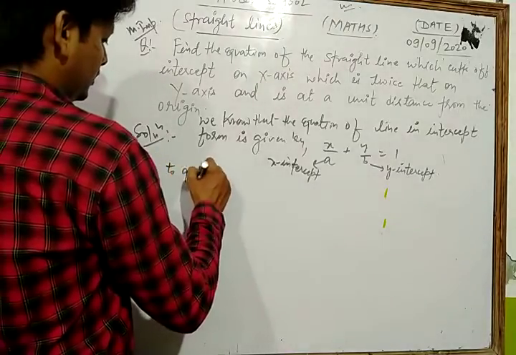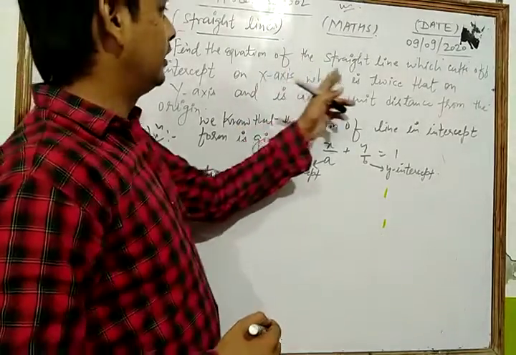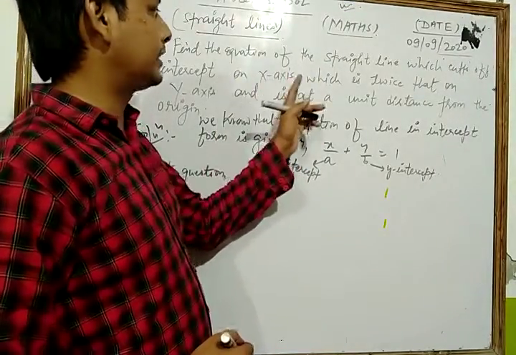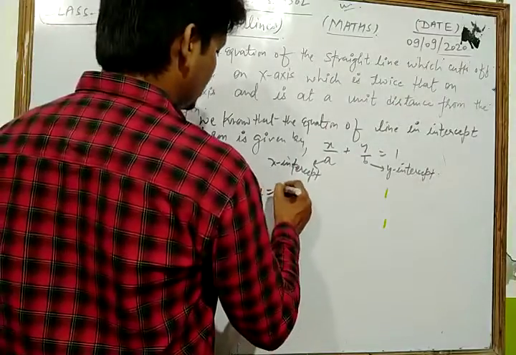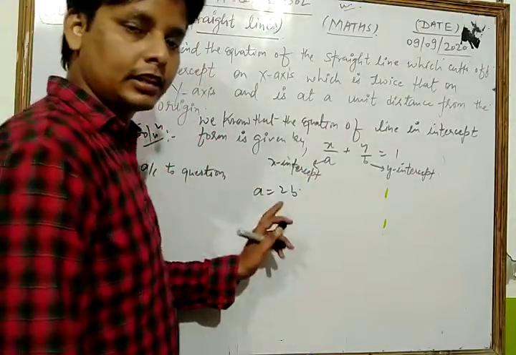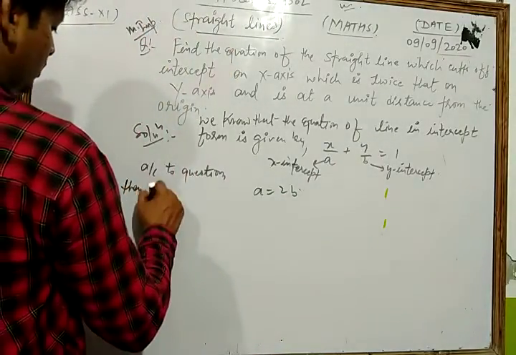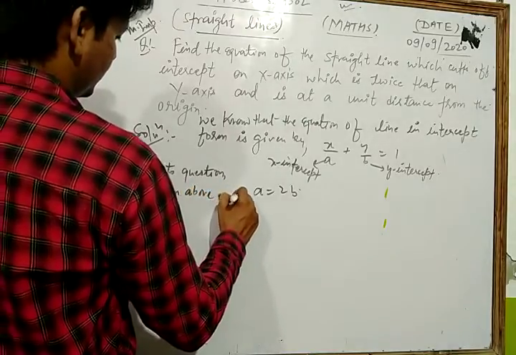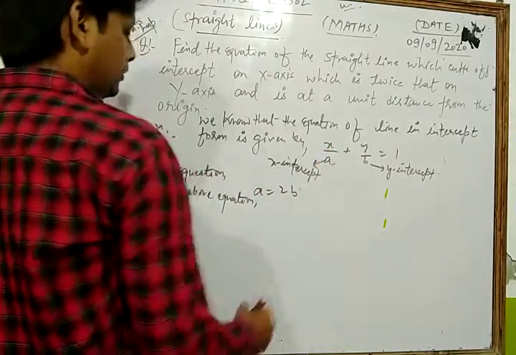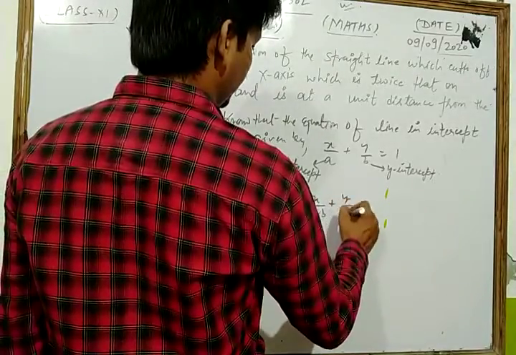Now according to the question, what is given here? The intercept on the x-axis is twice that on the y-axis, which means a is equal to 2b. Here the condition is a is equal to 2b. Then from the above equation, we get x upon 2b plus y upon b is equal to 1.